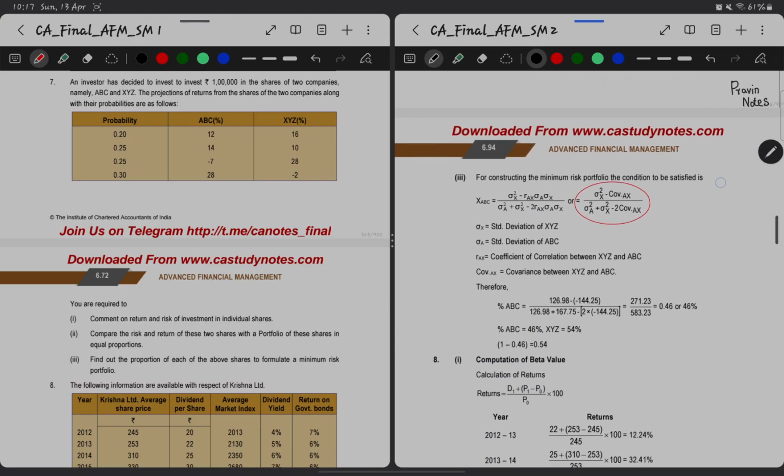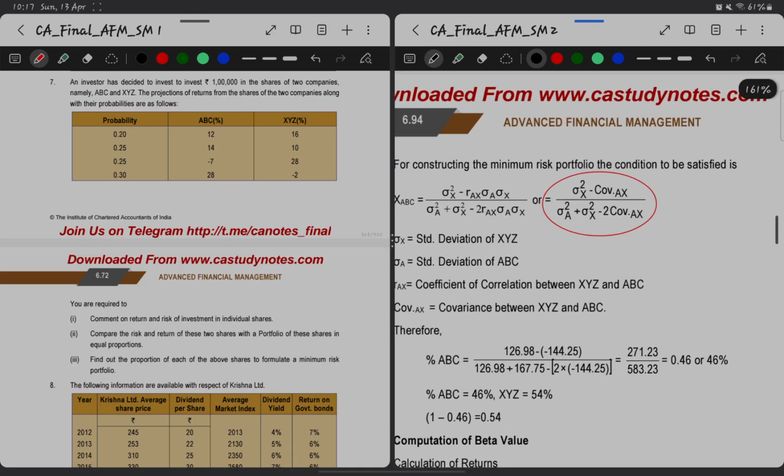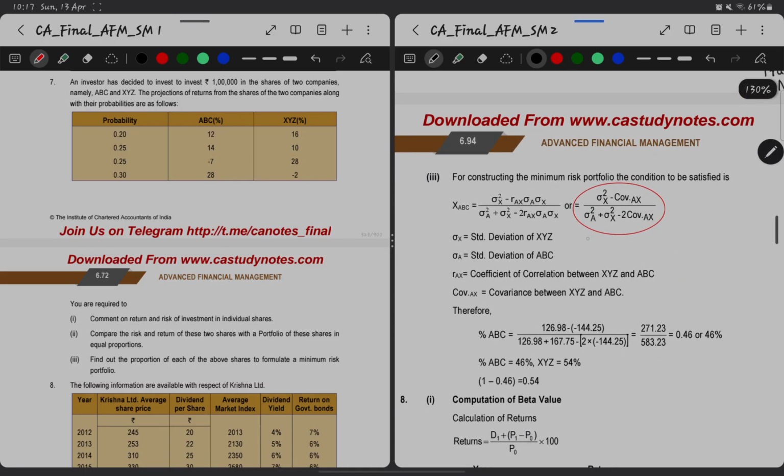So ICAI has given us a formula to directly find out the minimum risk portfolio. That formula will be this: the variance of XYZ minus the covariance of ABC and XYZ, divided by the variance of ABC plus variance of XYZ minus 2 into covariance.